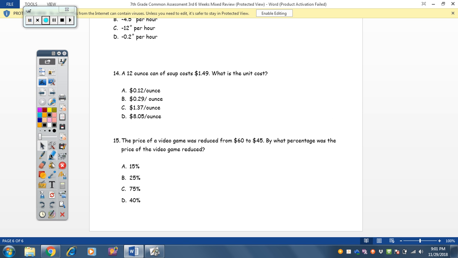All right. 15 says the price of video games was reduced from $60 to $54. By what percentage was the price of the video game reduced? So, bing, bing, bing. Percent means proportion.